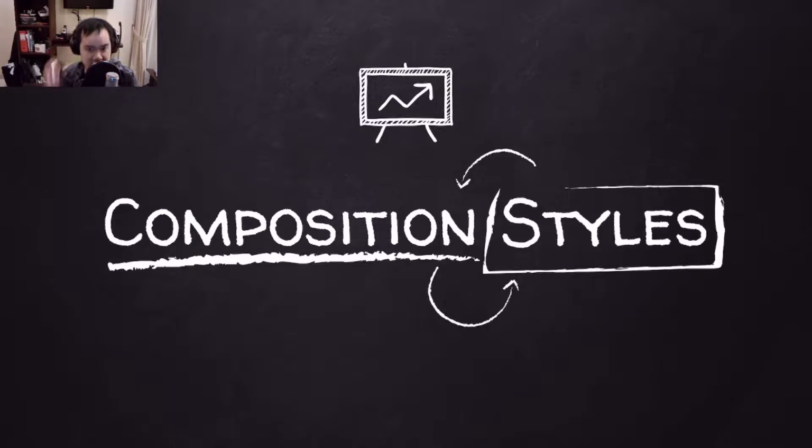So in this first episode of this little series on how to compose for beginners, we're going to talk about composition styles. What are they, and what are their workflows like, and hopefully by the end of this you're a little bit more informed on how you can take which style fits you best and how you can best compose in that particular style. So let's move on to this.